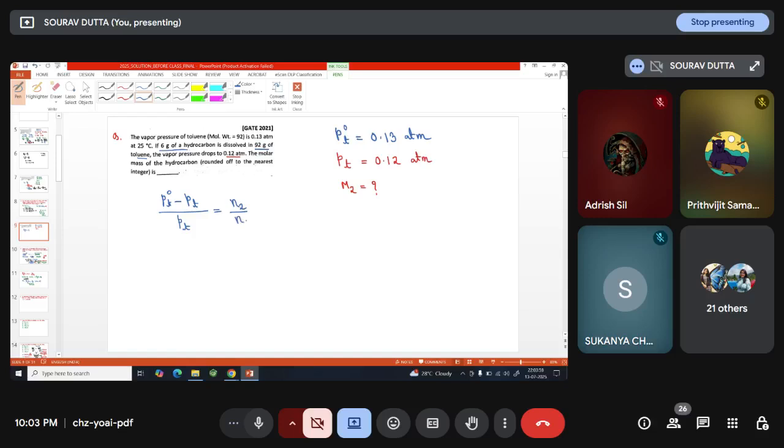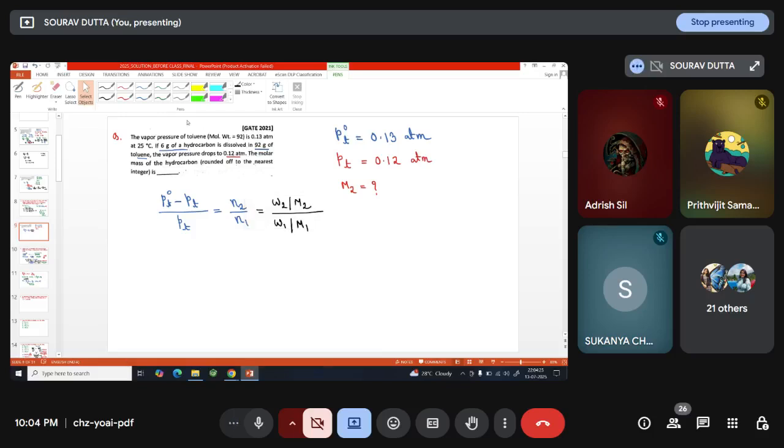Okay, what is the meaning of mole? Mole means mass by molar mass. All you know that. In physical chemistry, 2 means solute and 1 means solvent.